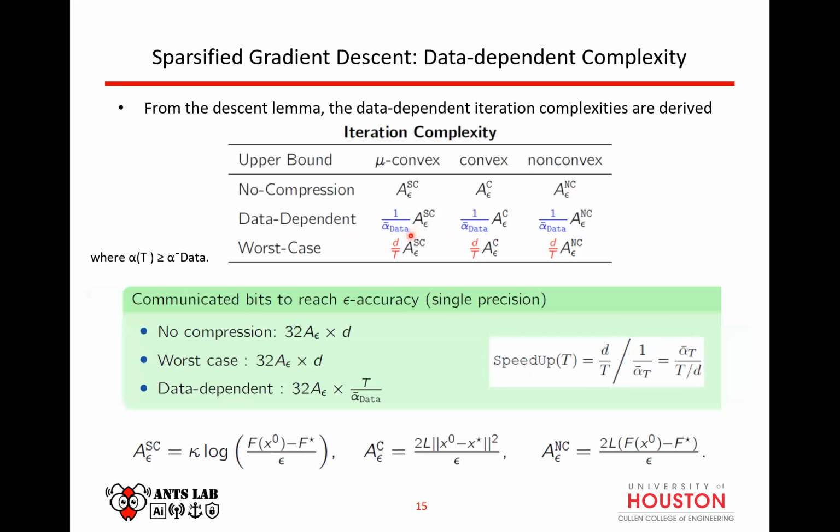What this does is, using this, we can see that there is a hypothetical speed up achieved by sparsification in this scenario. They give an equation to measure the speed up that your algorithm can achieve. So let's say your speed up would be equal to d over t over 1 over alpha.